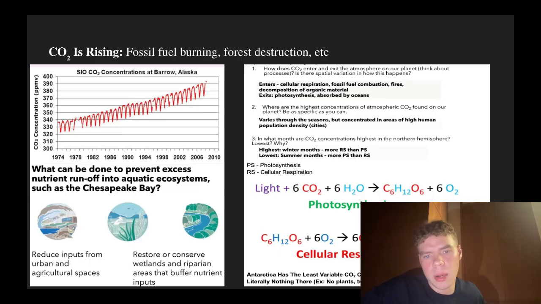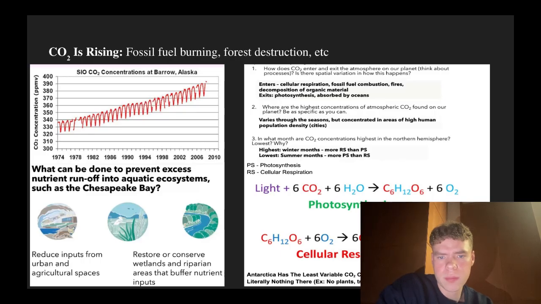Obviously, yeah, when humans build stuff, that increases CO2 concentration. And it exits through photosynthesis and is absorbed by oceans. Another thing that's interesting that I learned is a lot of carbon dioxide is absorbed by the ocean. I don't know, that just seems interesting to me.